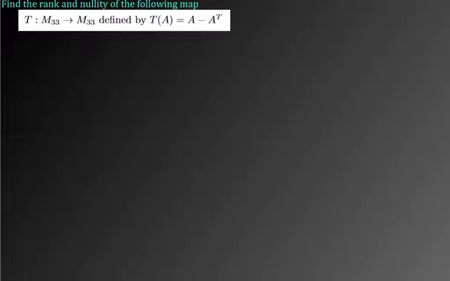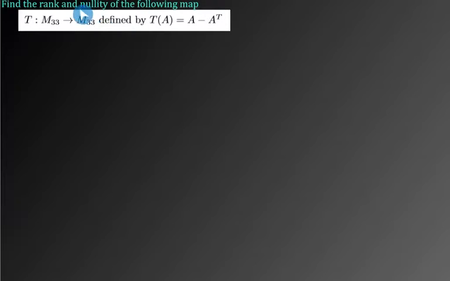This was actually a problem from our problem set, and I just wanted to sketch out how I would do this. One of the most important things in this unit is being able to analyze linear transformations and find the rank or nullity of a certain map. So these are 3x3 matrices, and the transformation is T of A goes to A minus A^T.